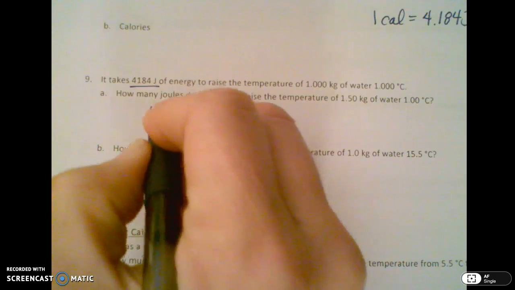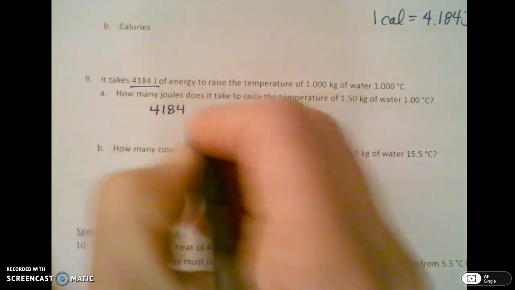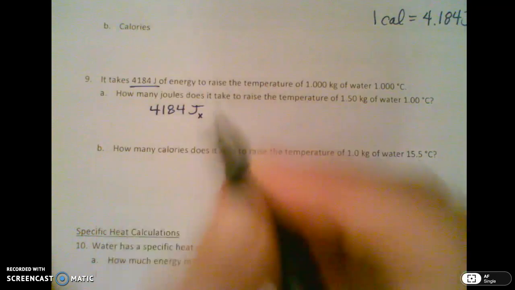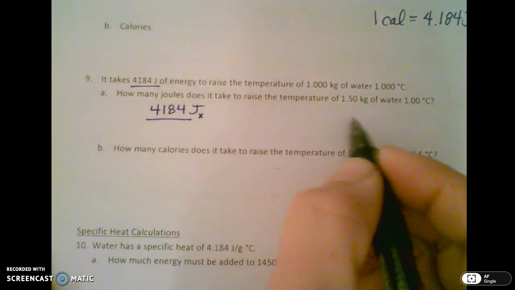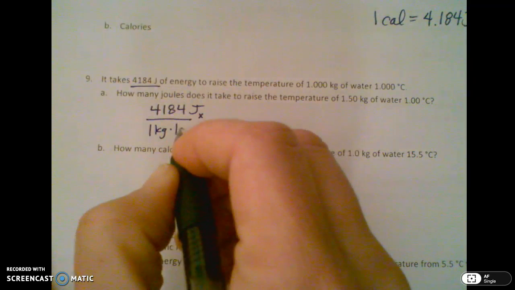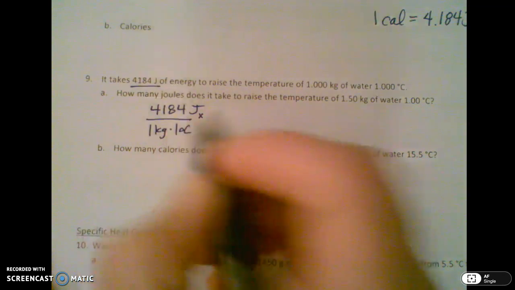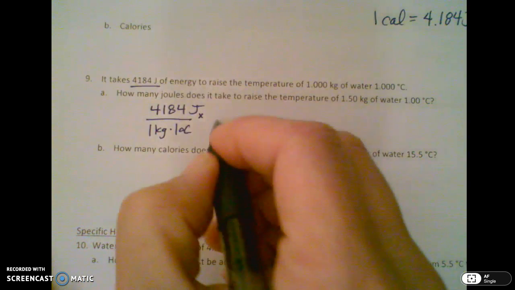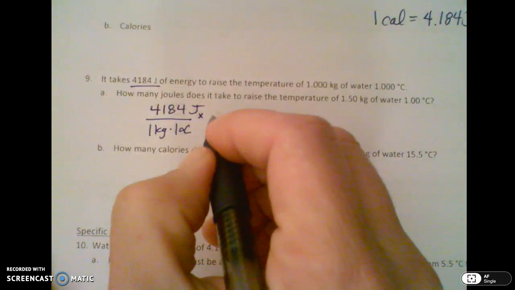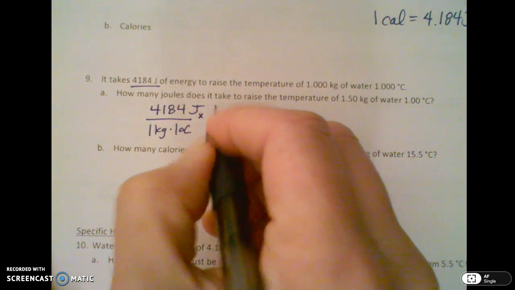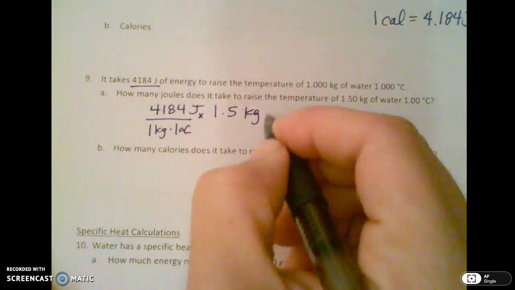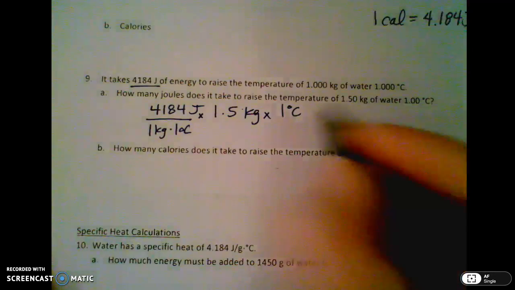So we know that it takes 4,184 joules to raise the temperature of 1 kilogram 1 degree Celsius. And we want to know how much it will take to raise the temperature of 1.5 kilograms 1 degree Celsius.